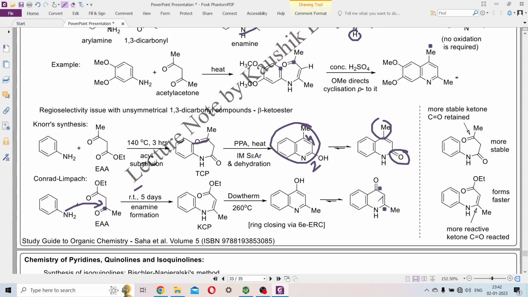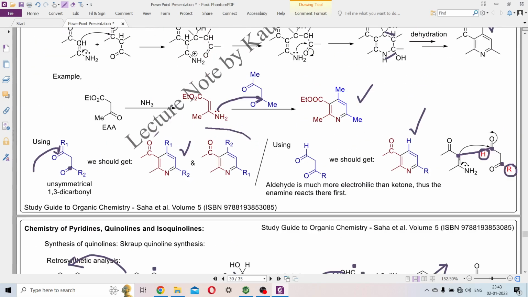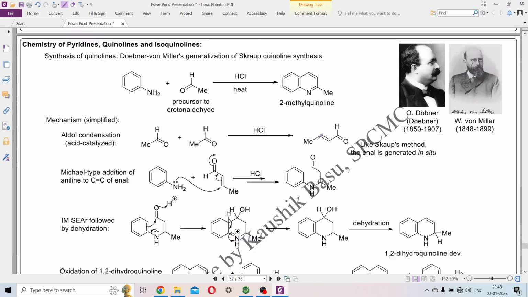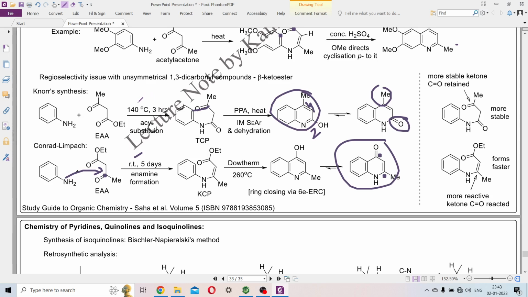So again, just like in this case you had the opportunity of a mixture of regioisomers, here you also have a mixture of regioisomers. One is the kinetically controlled product. It is the more electrophilic carbonyl which undergoes this reaction, but at elevated temperature the thermodynamic control takes place, and thermodynamic control means that the more stable keto linkage is retained, rather than the ester linkage.